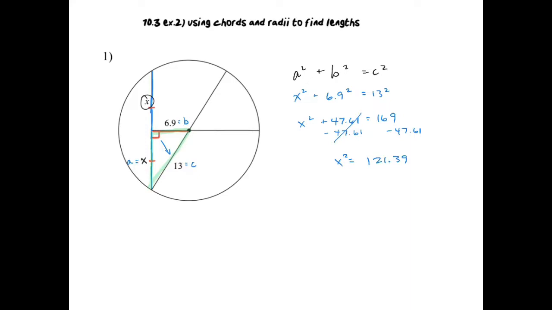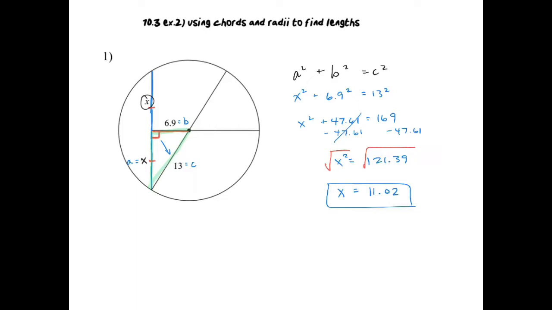And then how do I undo a square? I use a square root, and the square root of that is 11.02. So the length of x is 11.02.